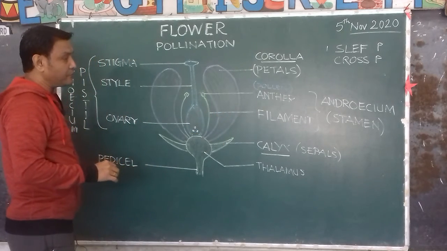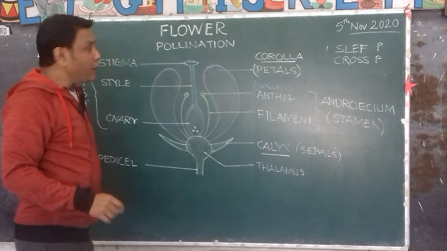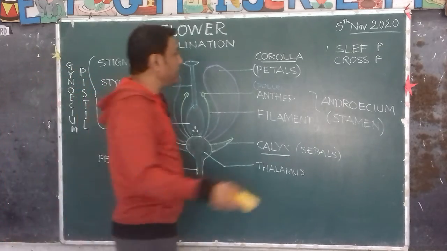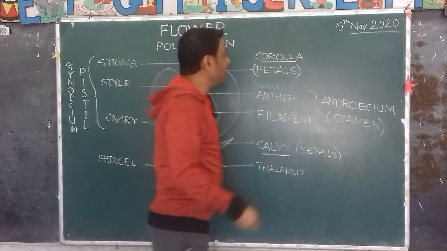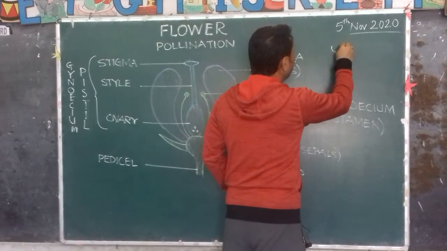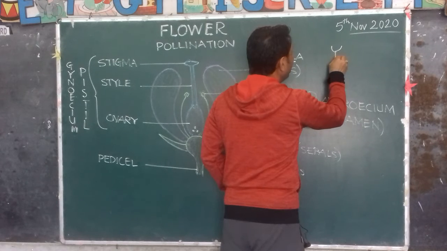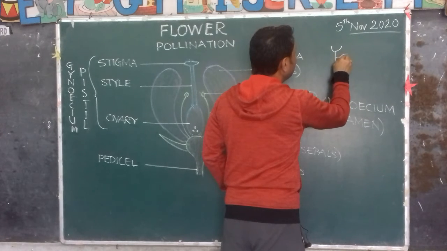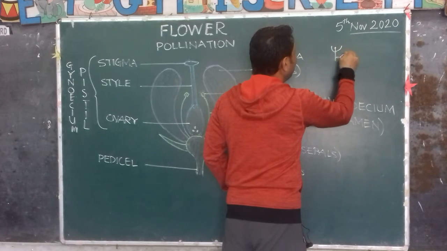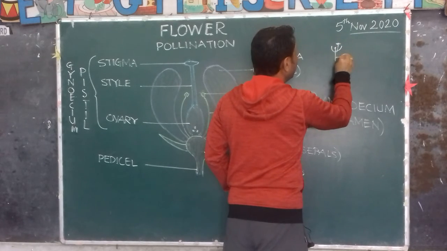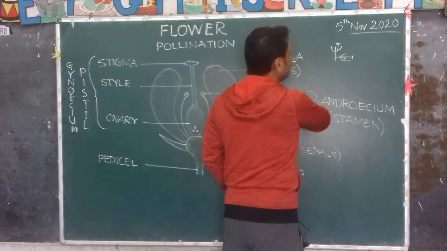Is it okay? If you do not understand what self-pollination is, I'm going to tell you by a simple diagrammatic representation. We have a flower here, and we have another flower here, and we have the anther and the stigma.